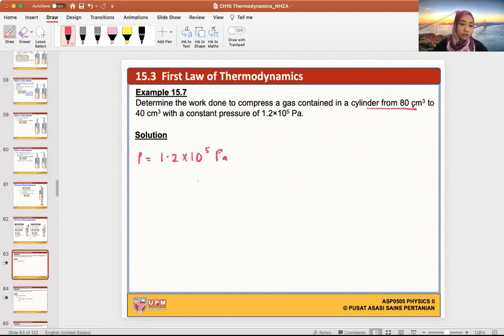This is cm³, so we know that this is volume. The change in volume is from 80 to 40. 40 is the final, 80 is the initial. So 40 cm³ minus 80 cm³ will give me minus 40 cm³.